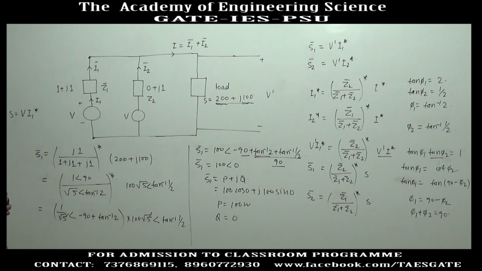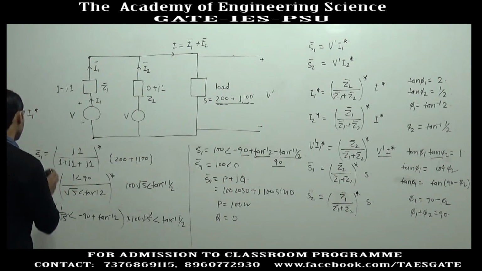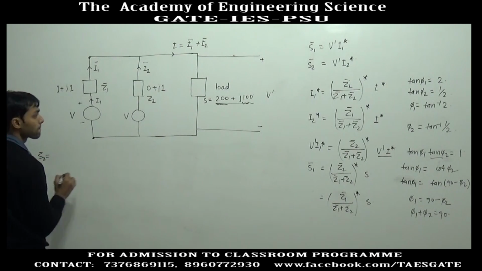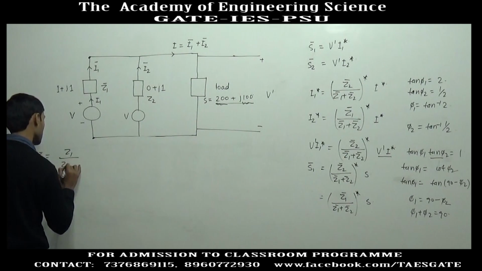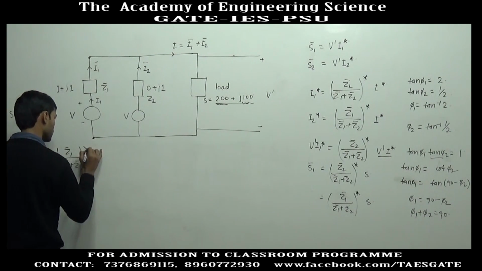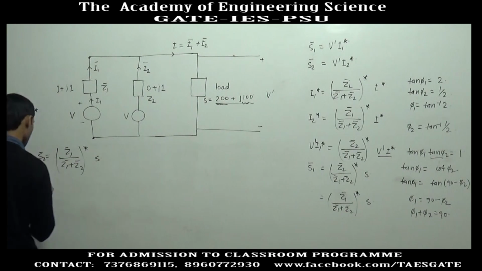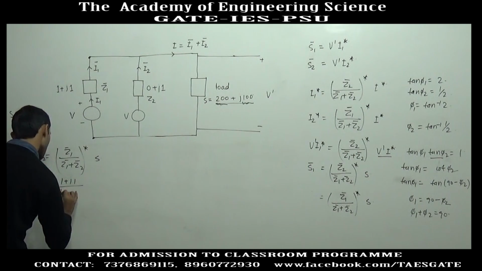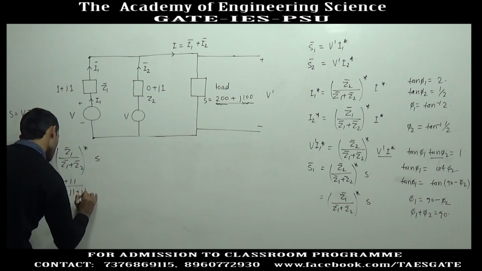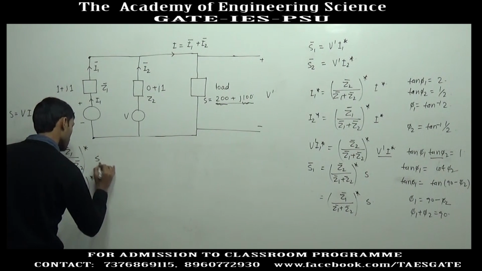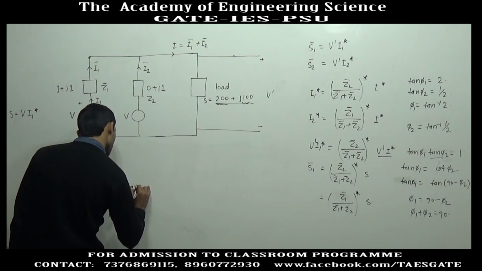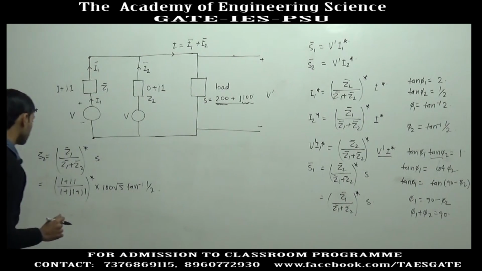Similarly, we will calculate the total apparent power shared by generator 2. S2 vector is equal to Z1 divided by Z1 plus Z2 star into S. So, this is 1 plus j1 divided by 1 plus j1 plus j1, star, into S, which is equal to 100 root 5 angle tan inverse 1 by 2.